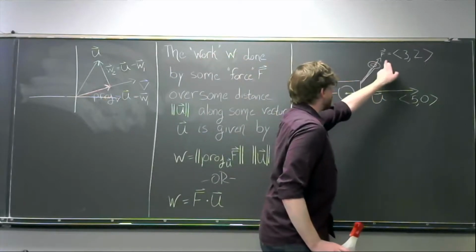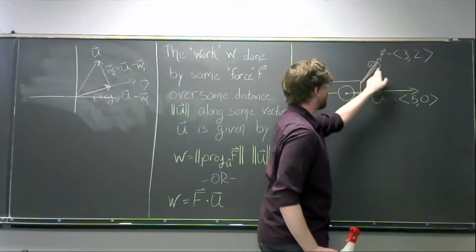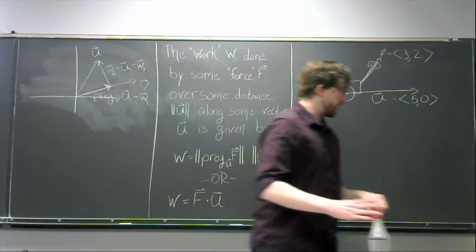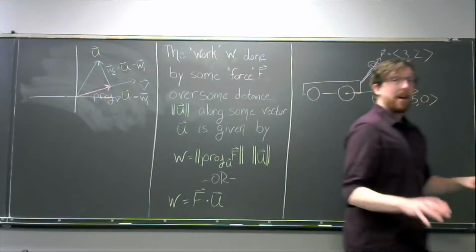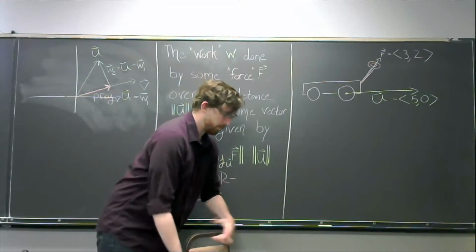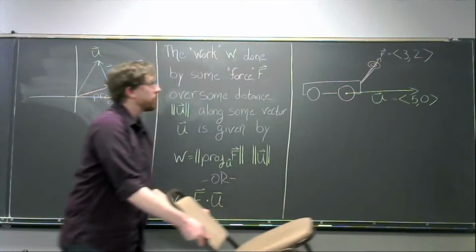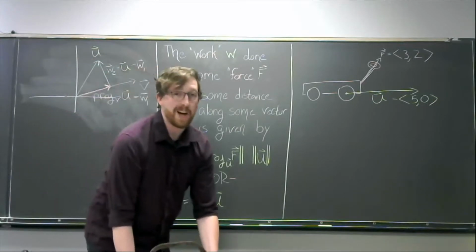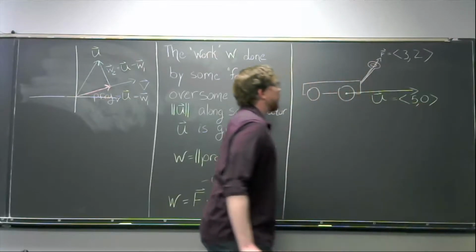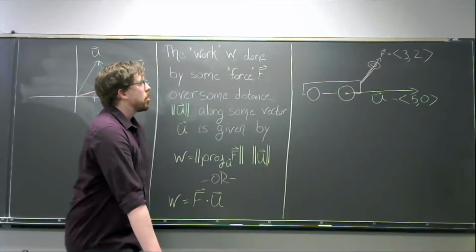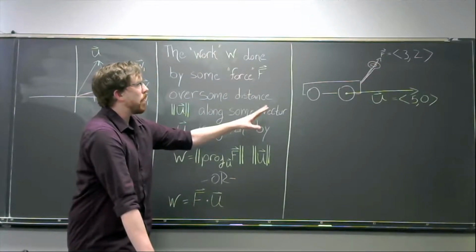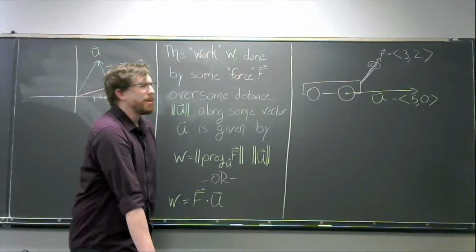So our force in this case is along our little handlebar, and it's the vector 3, 2. Now having said that, we're going to pull our cart a distance of 5 along the x direction. We want to know in this diagram how much work's being done.